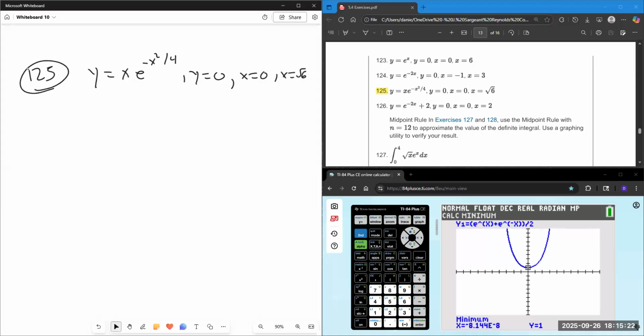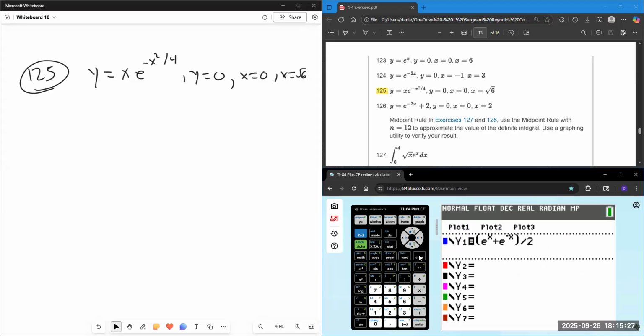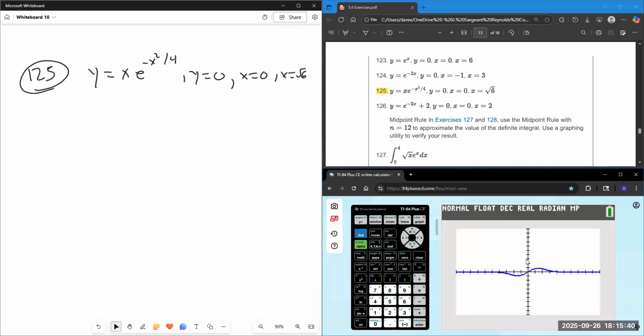Okay, I'm going to need a little bit of help graphing this from my graphing calculator. So x e to the negative x squared divided by 4, zoom 6. That looks kind of funky there.